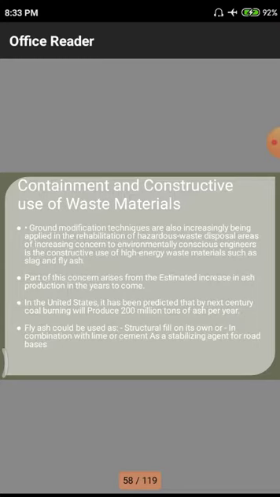Next one we are having: in the US, it has been predicted that in the next century coal burning will produce 200 million tons of ash per year. That means in the next century, meaning after the next 10 years, coal burning will produce that.